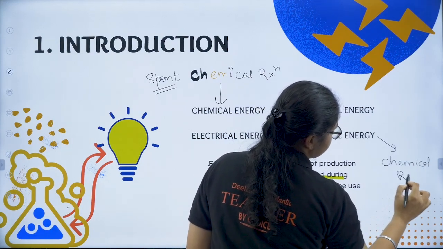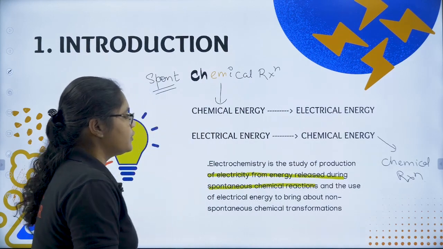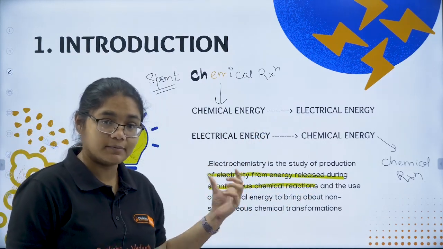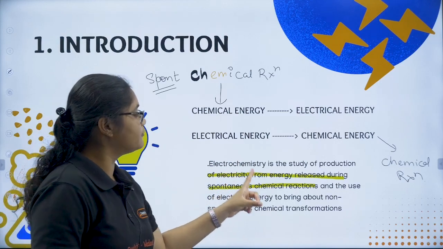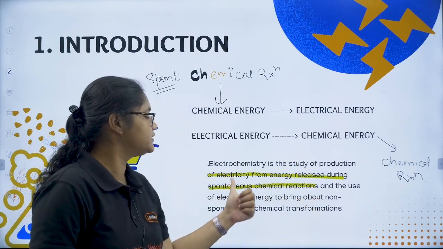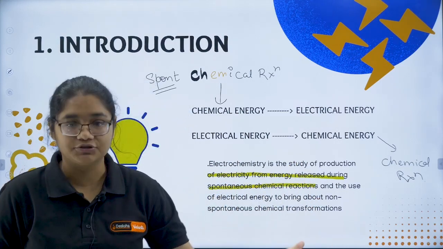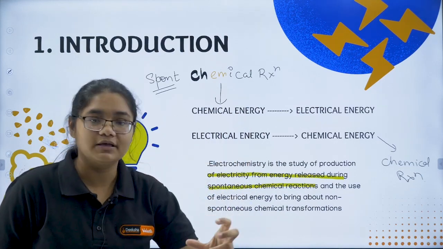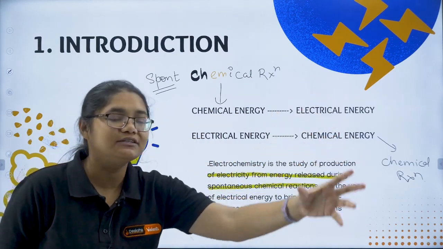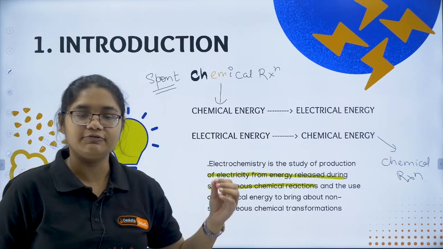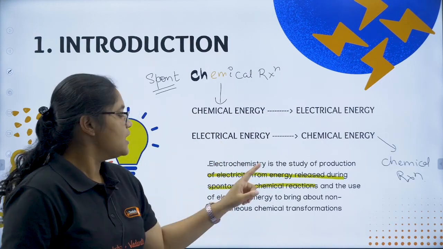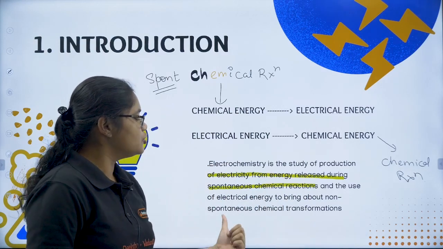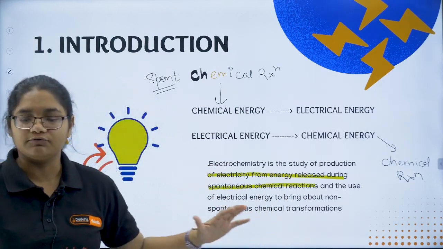chemical reactions. So electrochemistry is the study of production of electricity from the energy released during the spontaneous chemical reactions. How many chemical reactions have happened, how much chemical energy is produced, how much electrical energy can be converted from this chemical energy, and the use of this electrical energy to bring about non-spontaneous chemical transformations.